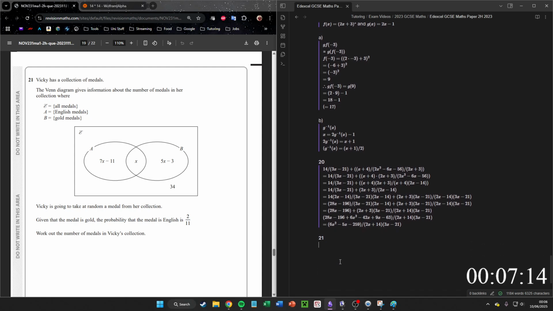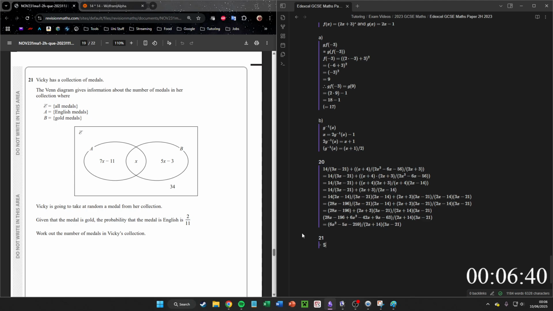Vicky has a collection of medals. The Venn diagram gives information about the number of medals in her collection, and this really doesn't look that hard. Okay. So everything is all medals. A is English medals, B is gold medals, and we have these sets here. Vicky is going to take at random a medal from her collection. Given that the medal is gold, so that's looking into set B, the probability of the medal being English is 2 out of 11.